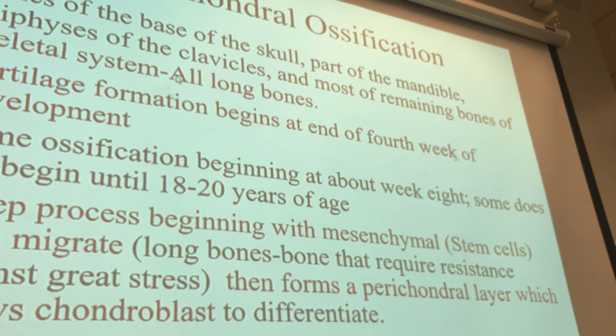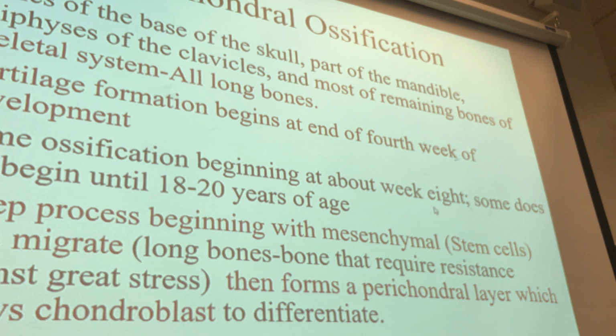With endochondral ossification, we have cartilage formation first, and it begins at the end of the 4th week of development. So we're talking about really early on, right? Then we start replacing it at about the 2nd trimester. As we start replacing that, some areas we replace right away.